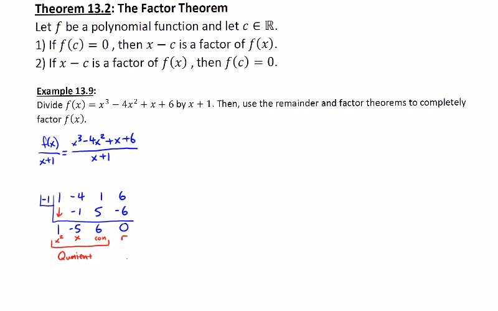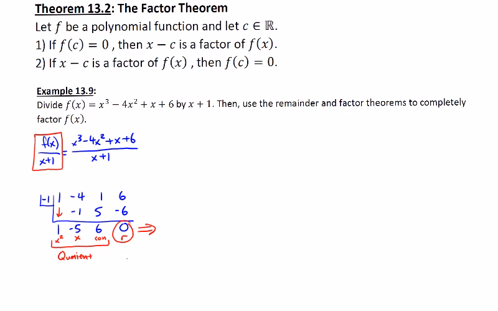but then it says, then use the remainder and factor theorems to completely factor f of x. The remainder theorem doesn't say anything about factoring. The remainder theorem says that if we have a division problem of the form f of x divided by x minus c, then we are permitted to use the remainder from that division process to represent a function value.